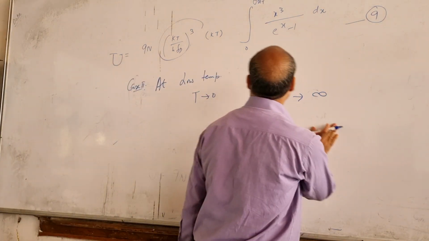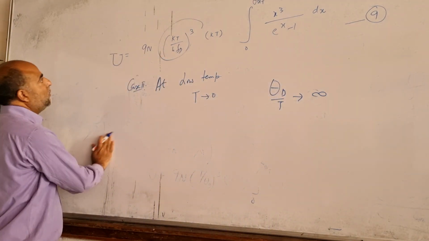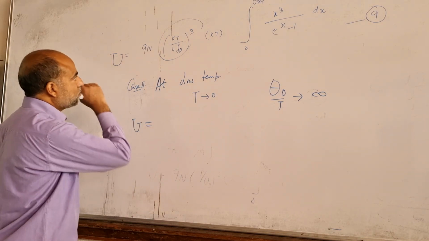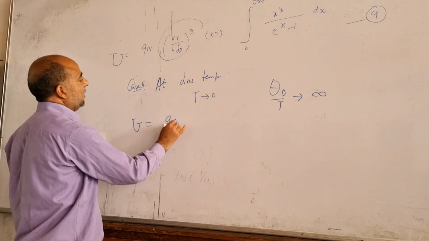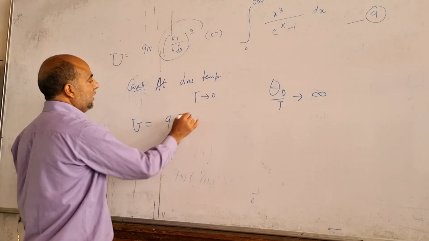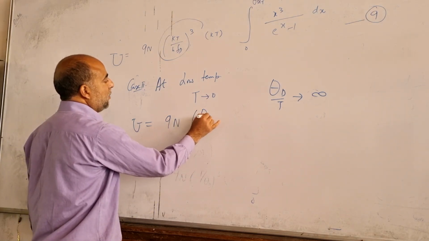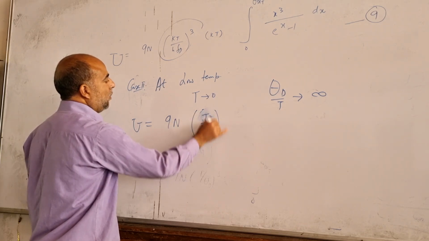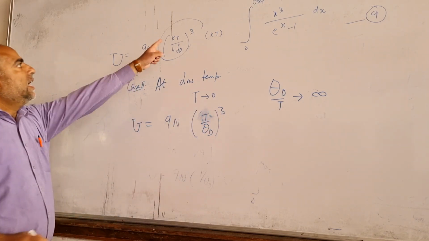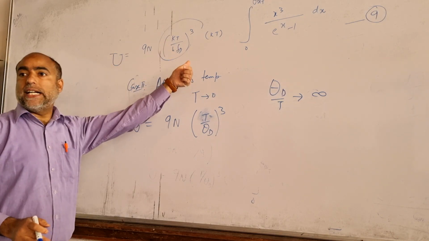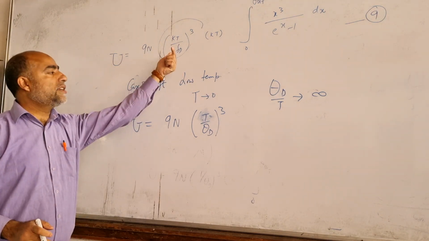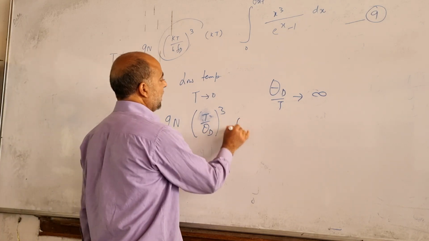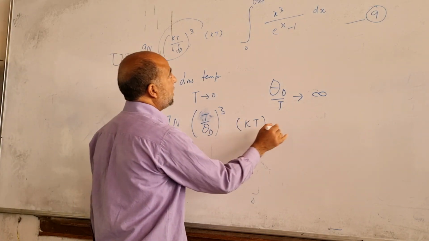So how will our result come? We had the equation U equal to 9N, theta D by T, times T by theta D whole cube, because hν by kT is equal to theta D by T, so its inverse will be T by theta D, and you again have the kT there.